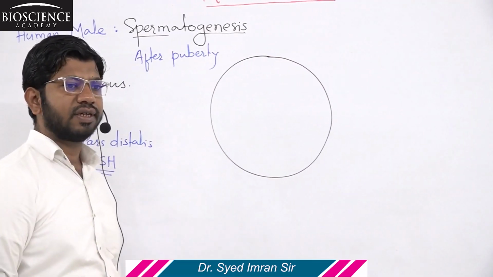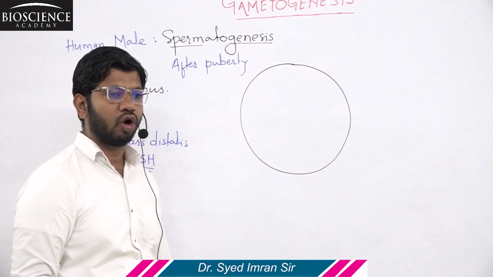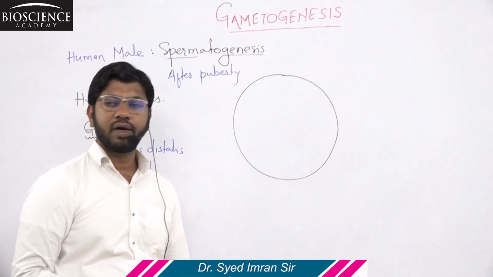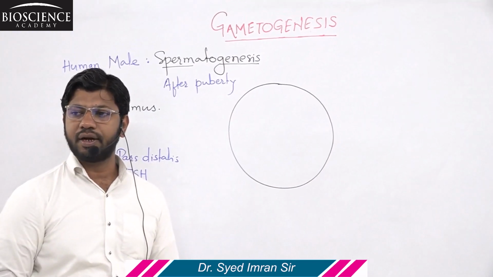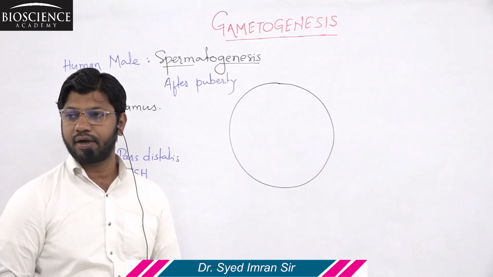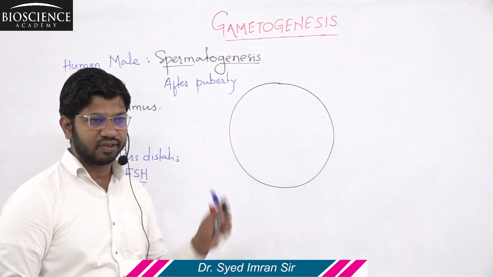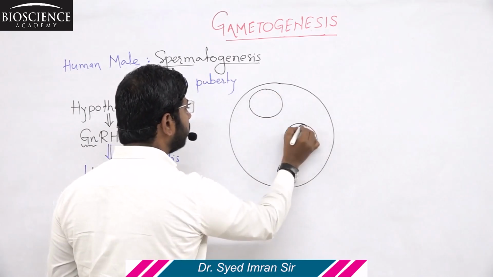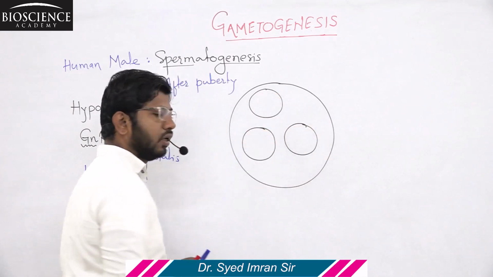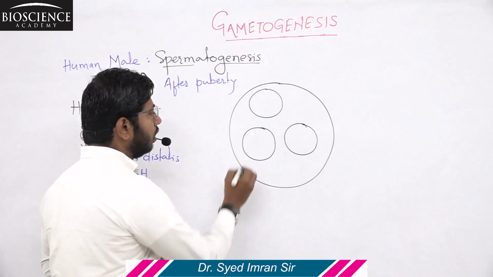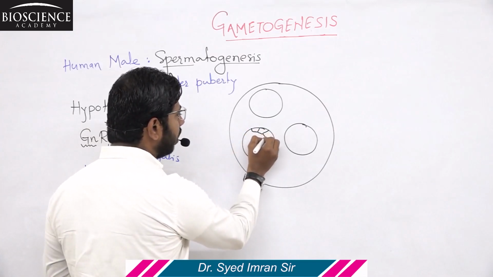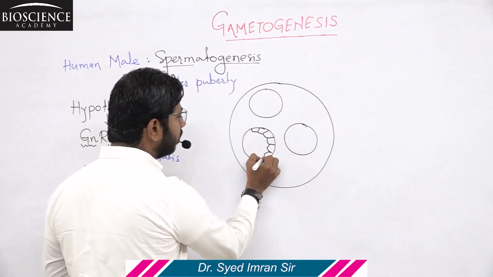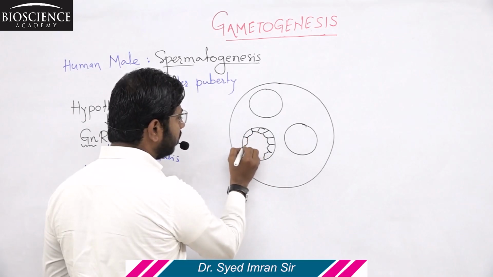Let us suppose this is one of the testicular lobules. As you know, one testis contains approximately 250 compartments. Each compartment is called a testicular lobule, and each lobule contains 1 to 3 highly coiled seminiferous tubules. These seminiferous tubules are lined by two types of cells.